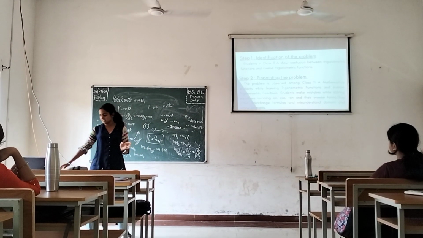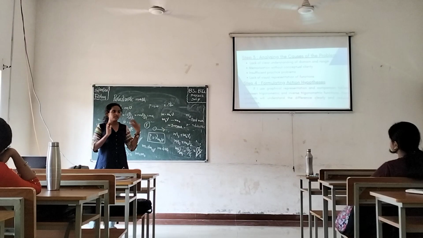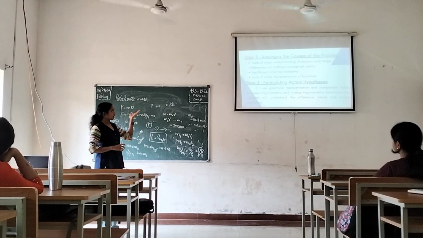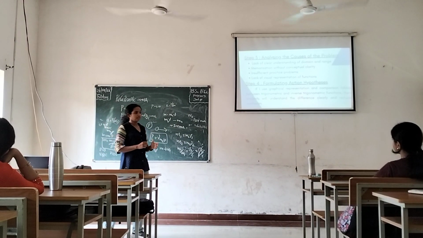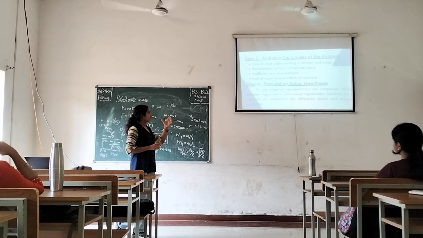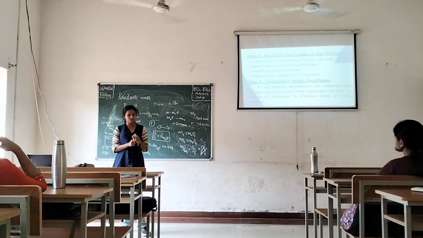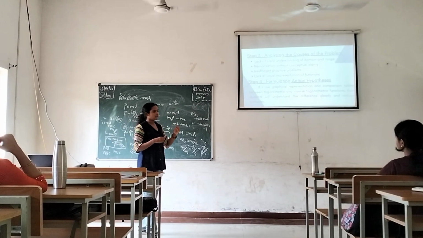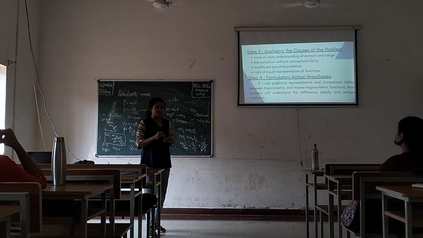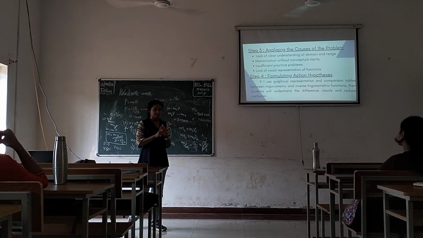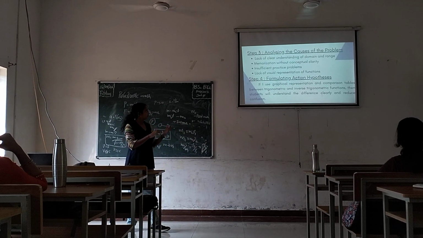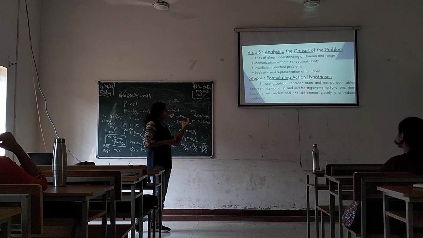Then the next step is to find the causes. The teacher found that the causes for this problem can sometimes be a lack of basic understanding about domain and range. Then the student may be memorizing the concept without clearly understanding the problem. The next is insufficient practice problems.